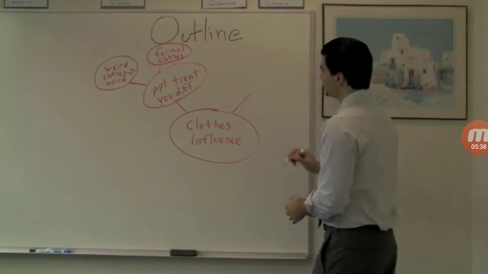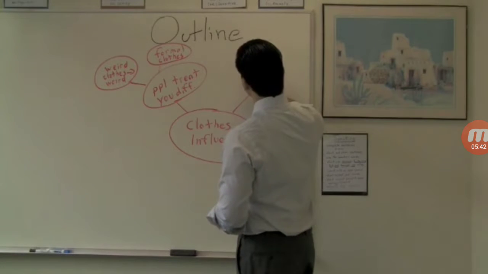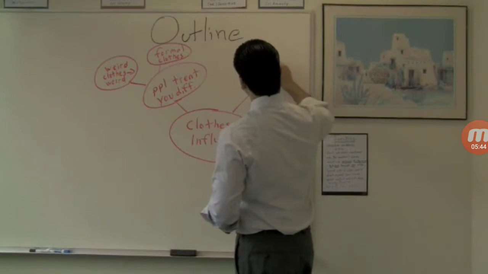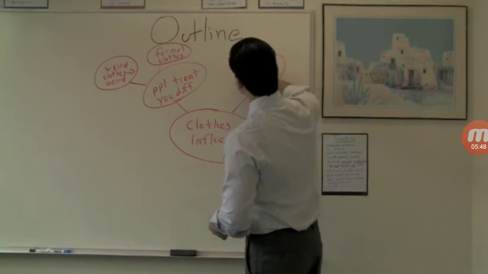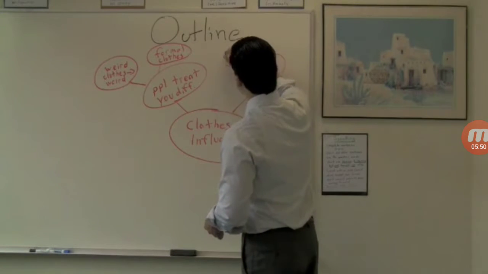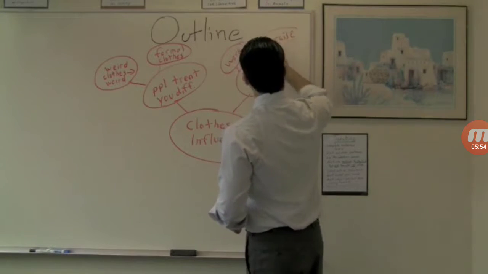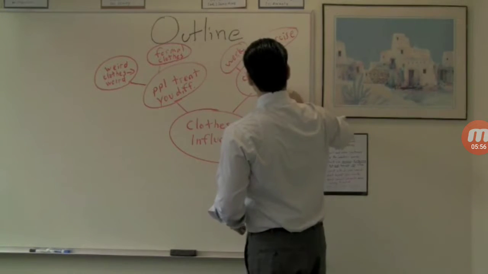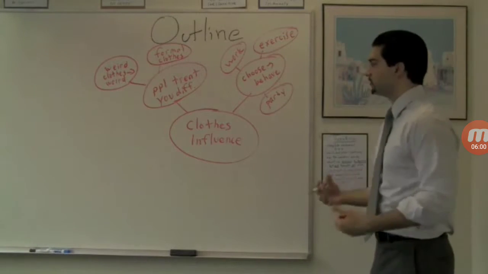Now let me think of another reason. We can have something like, you choose clothes to match your behavior. Think about work. Think about exercise. Think about parties. Right? You wear clothes to match that environment that tells you how to act.